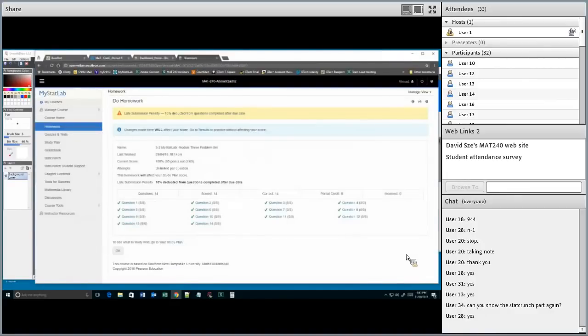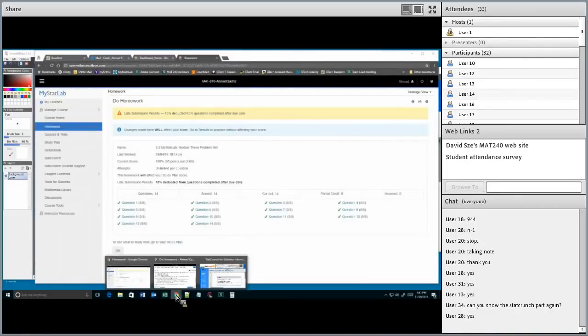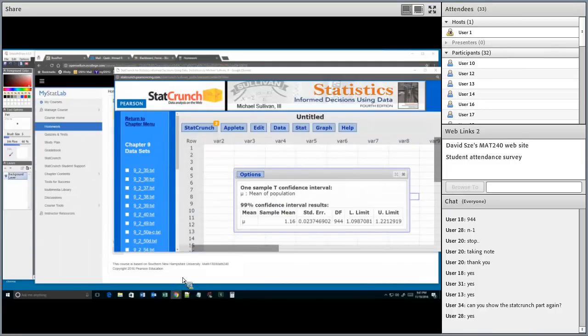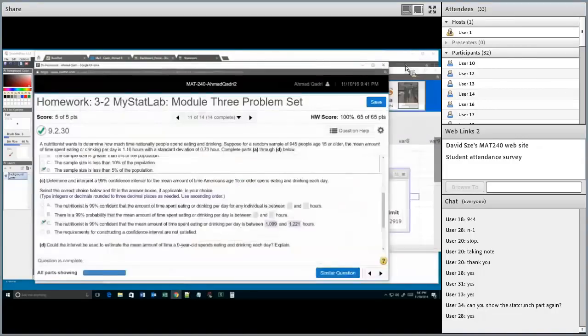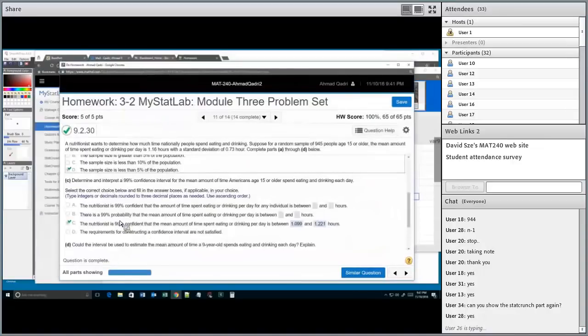And that is the answer to this problem. So the answer is the nutritionist is 99% confident that the mean amount of time spent eating or drinking is between 1.099 and 1.221.